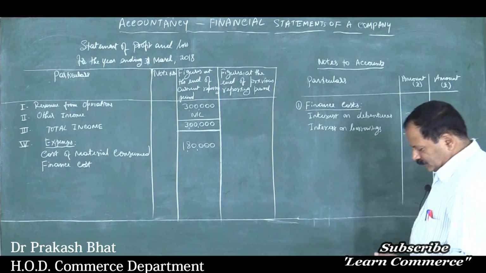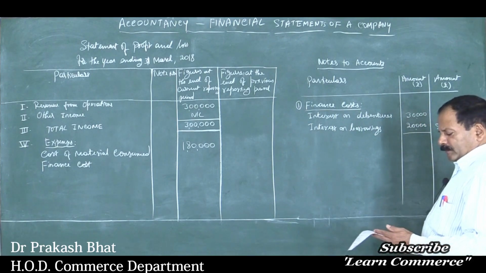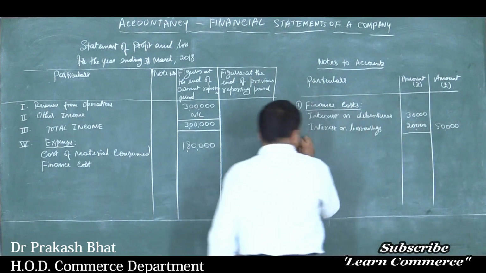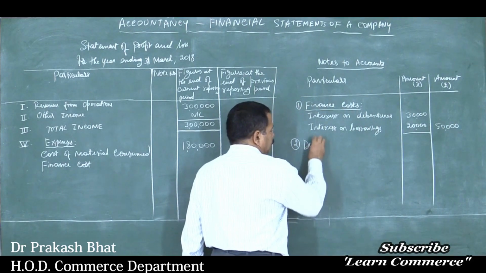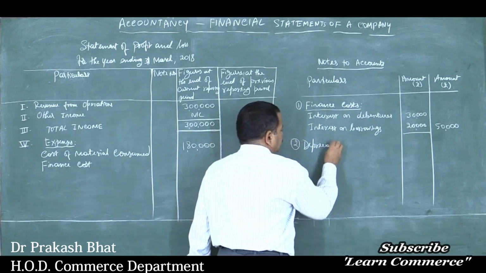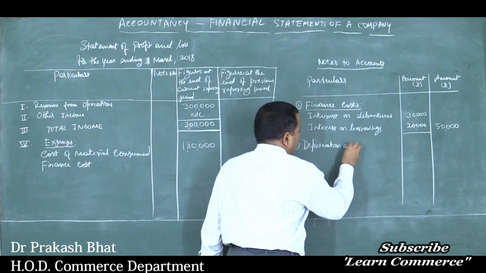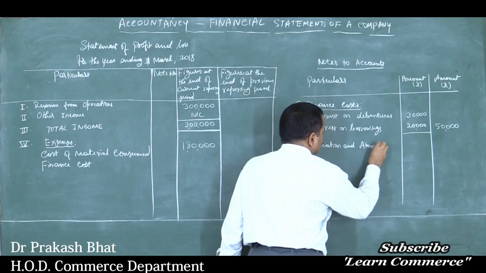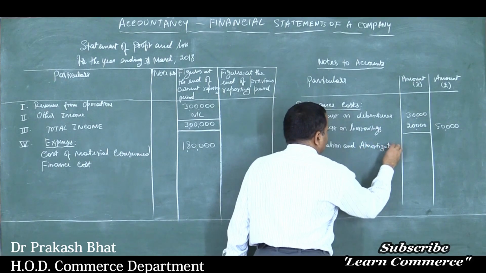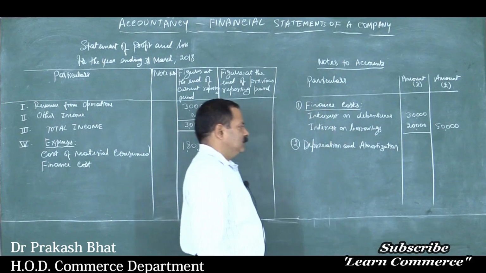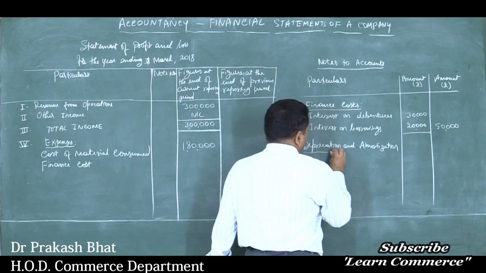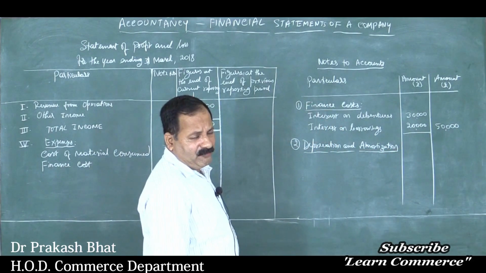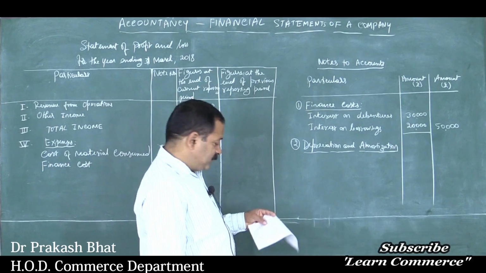Now one more note we have to prepare. The 50,000 is over. Second one, depreciation and amortization. Amortization in the sense decrease in the value of intangible assets. Depreciation, decrease in the value of tangible assets.